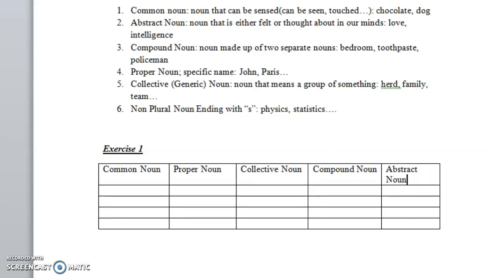So you can pause the video for a couple of minutes just to write this table, and then you continue with a list of nouns that I will give you, and you have to put these nouns in the table correctly. Okay, let's see the nouns.